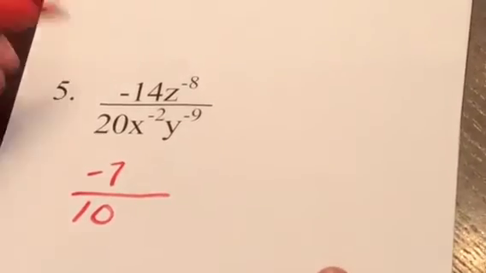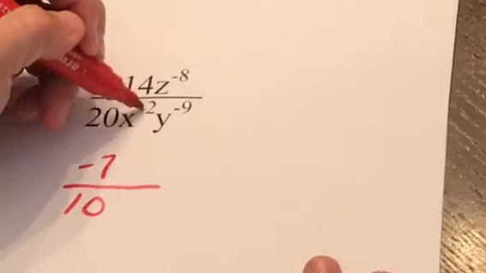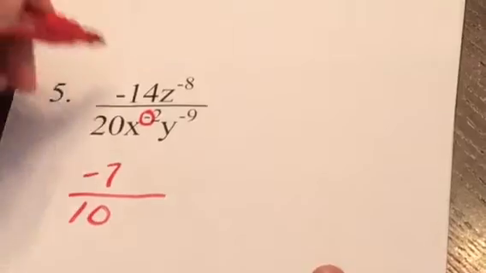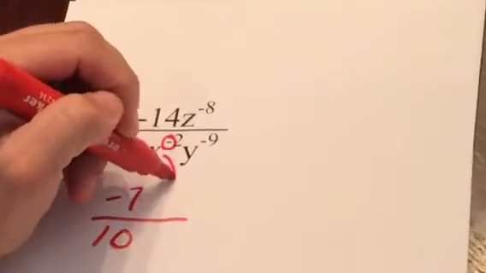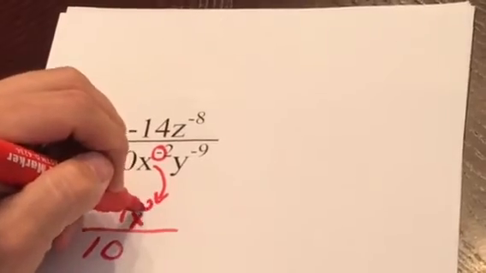I like to try to go in alphabetical order with my variables. X to the negative second power, negative on the bottom, is going to move the x to the top and turn positive.